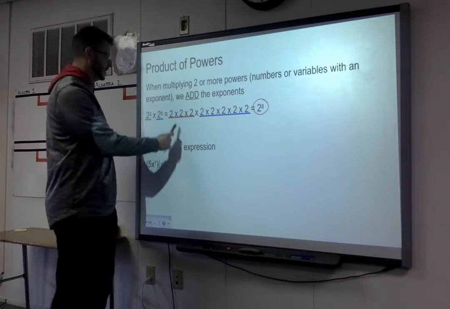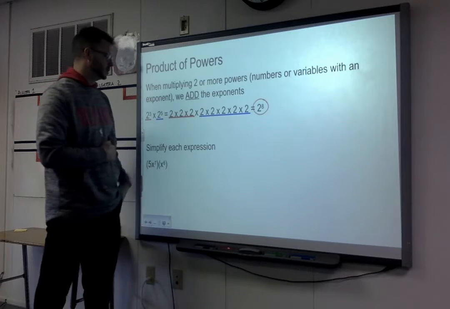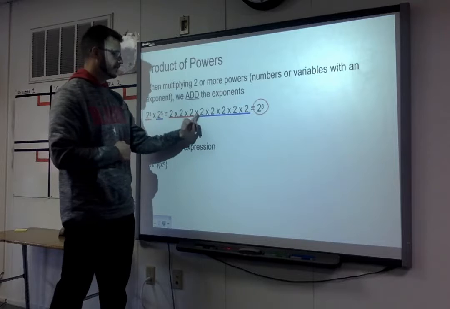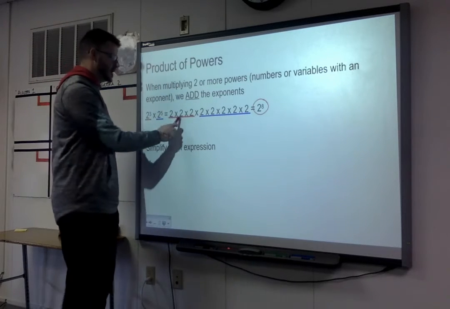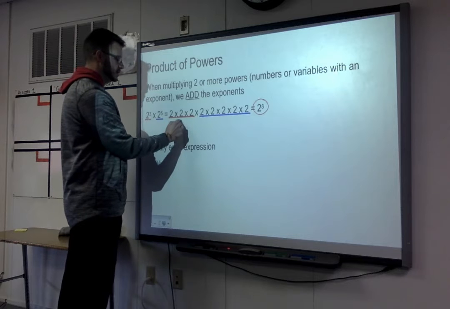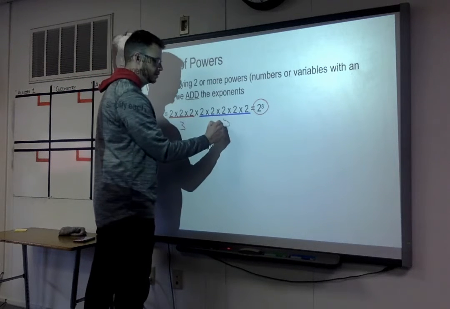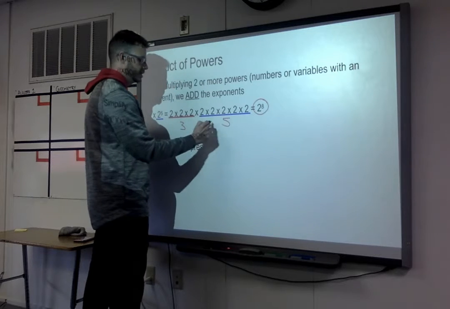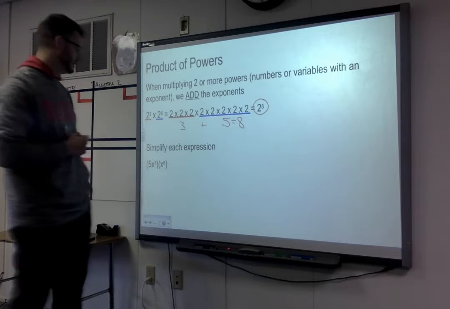The reasoning for that is because if we write out 2 cubed, it becomes 2 times 2 times 2, and 2 to the 5th would be 2 multiplied by itself 5 times. There are 3 2's multiplied there, and 5 there. 3 plus 5 is equal to 8.